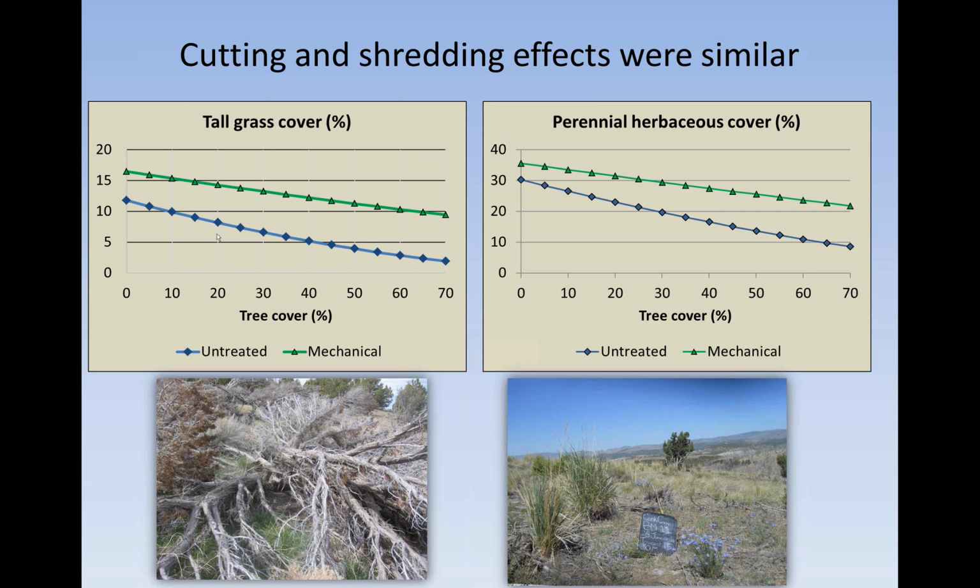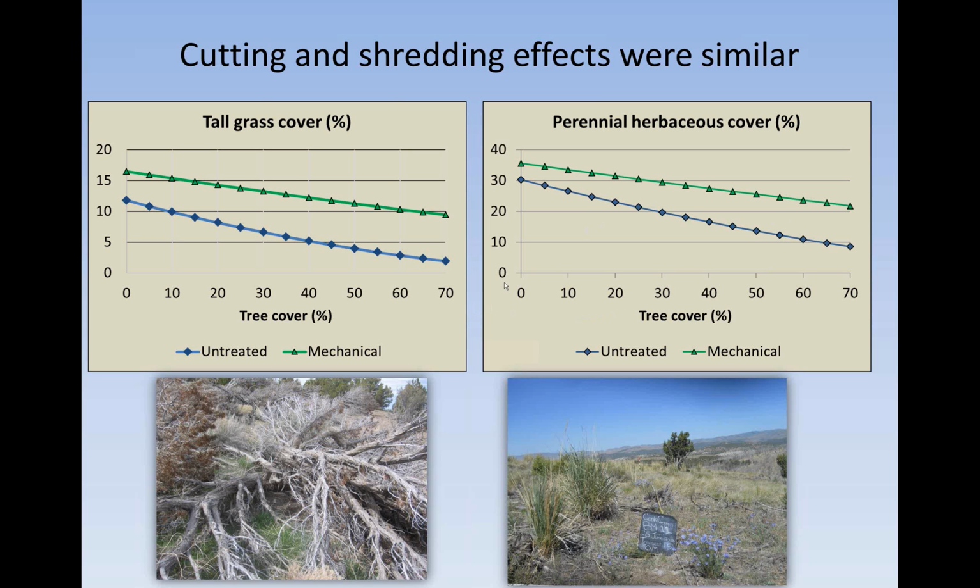So averaged across both of those studies, you see that tallgrass cover is increased about 10% by shredding or cutting, and perennial herbaceous cover is also increased.